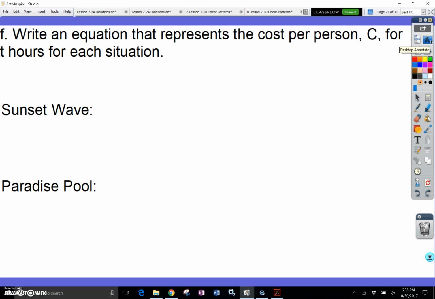Write an equation that represents the cost per person, C, for T hours for each situation. So Sunset Wave, the total cost is equal to, remember it's always rate of change times your independent variable. So, excuse me, I wrote this wrong. The total cost is equal to $2 per hour plus the $5 to get in.